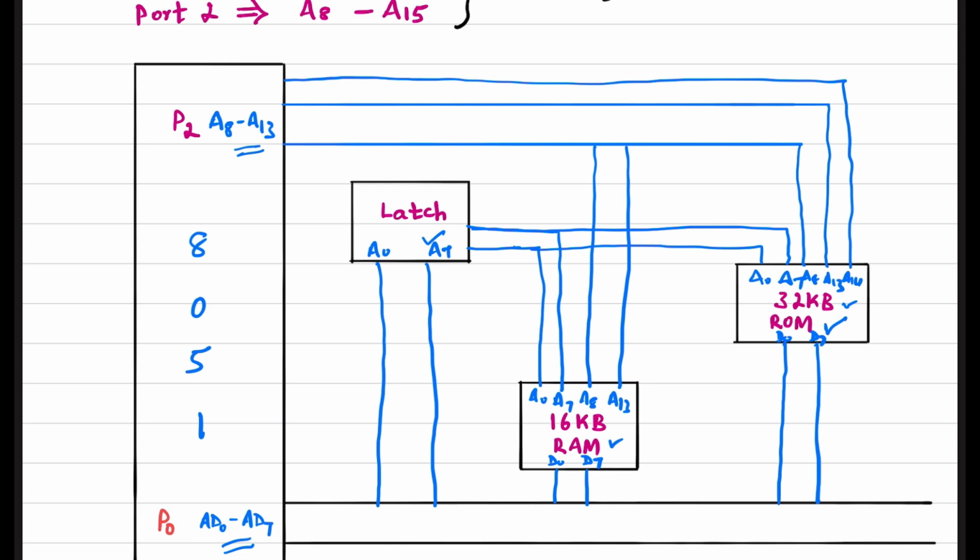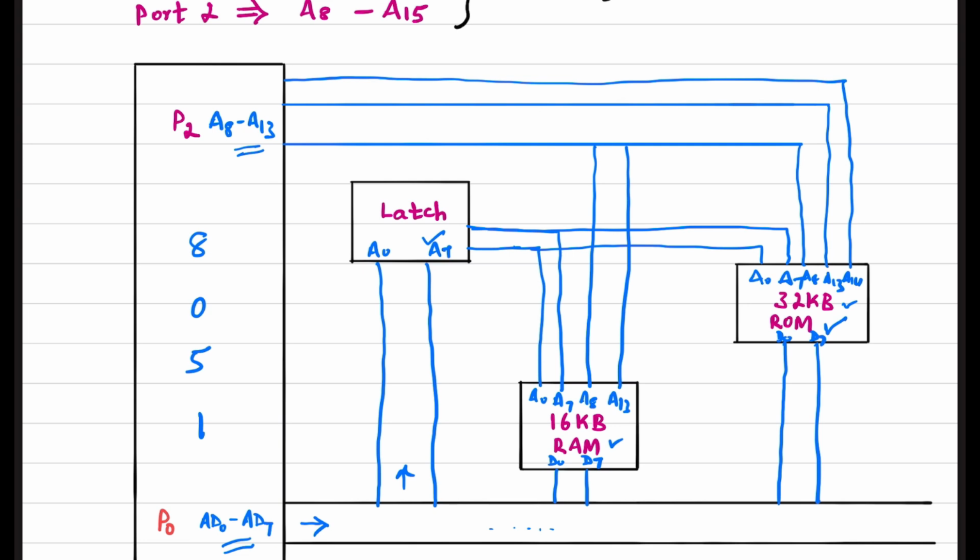In order to differentiate between them, first we place the address on this line, which will be latched in the 8-bit latch. Then the complete line will be available for the movement of the data. So the address is not going to have any effect on it. That's why we are going to use this latch.